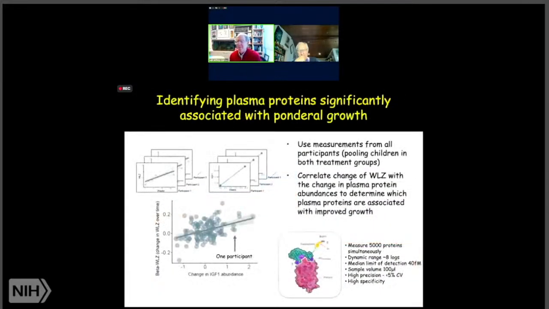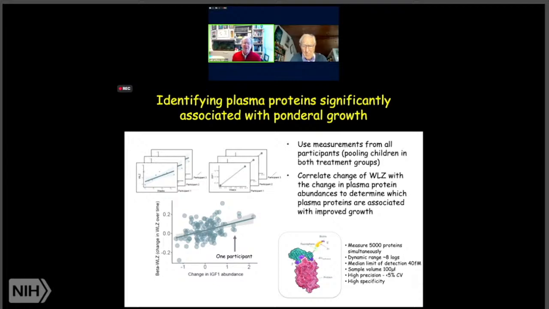For that, Robert Chen did an analysis where he took the proteomic data set from all participants in both arms and then correlated changes in WLZ with the change in each of 5,000 different plasma proteins whose levels were measured prior to and at the conclusion of the intervention.